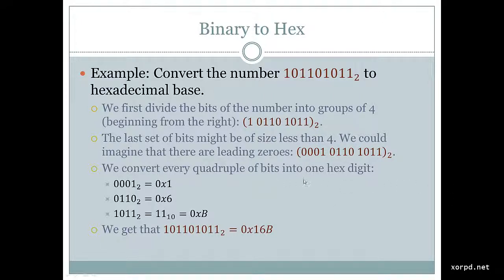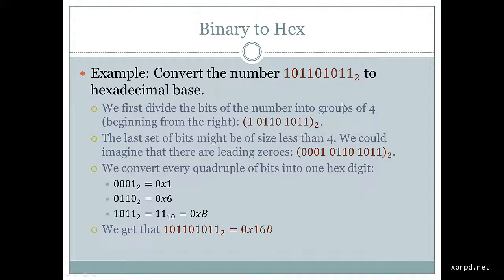So for example, in this number, the first quadruple, which is just 1 in base 2, equals 1 in base 16. The next quadruple, 0110, equals 6 in base 16. And the last one, 1011 in base 2, equals 11 in base 10, which is the digit B in hexa.